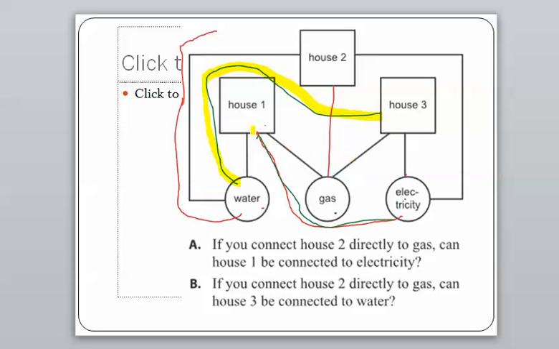From house 1, I got to get to the electricity. Well, I'm going to go around the outside to get to the electricity to house 1. And pin like this. Okay? And to get to gas, I'm still stuck, aren't I? Is there any way of getting there?